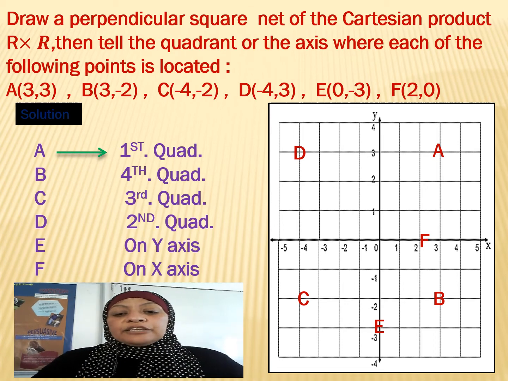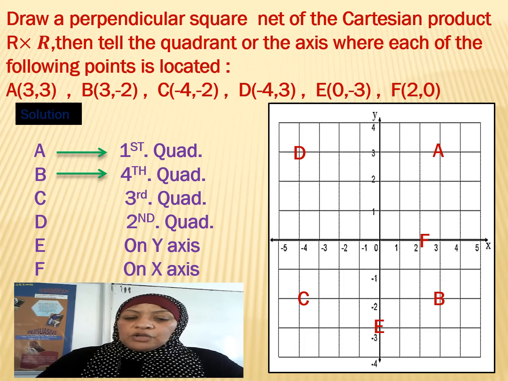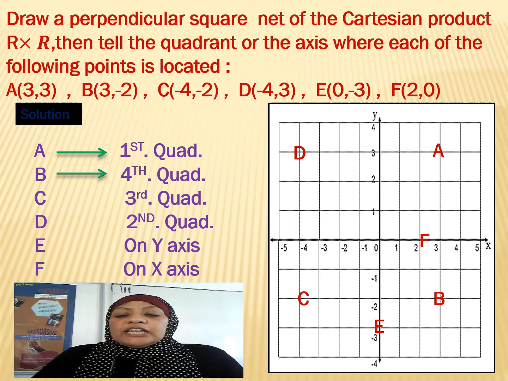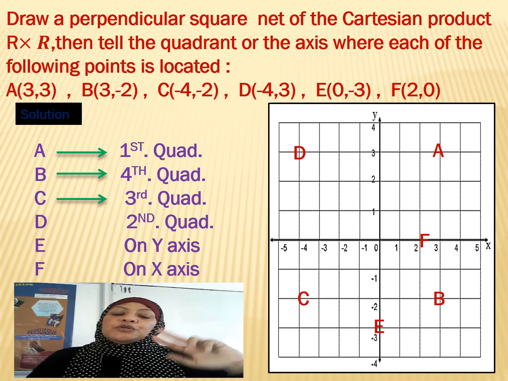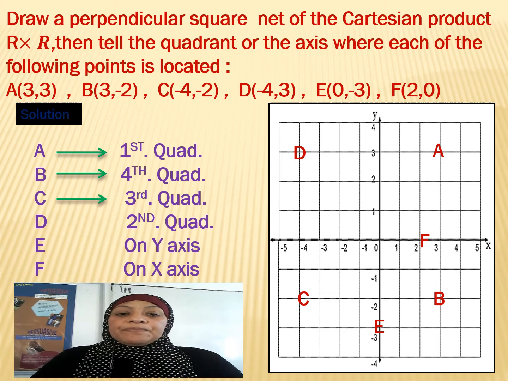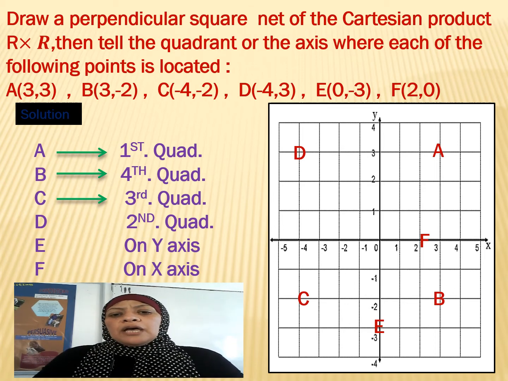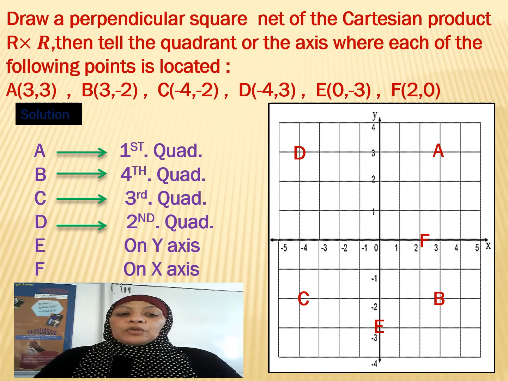So B is in the fourth quadrant. C (negative 4, negative 2): it's so easy, the third quadrant, as the two projections are negative. D: x is negative, y is positive, so the second quadrant.